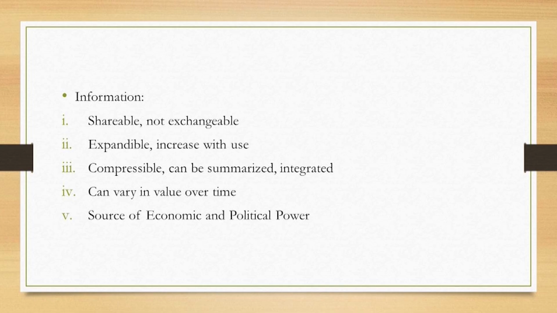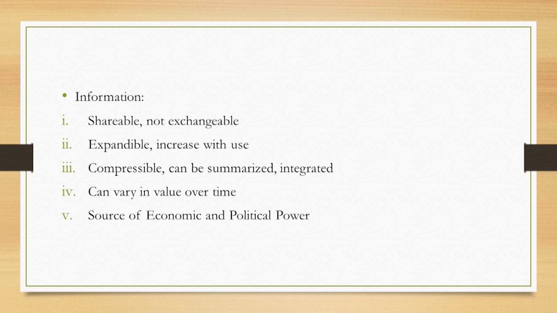That is, information can be consolidated, it can be repackaged, and it can be disseminated to persons. So, information comes in various forms and formats. Compressed information is also a type of information. The value of information varies over time.